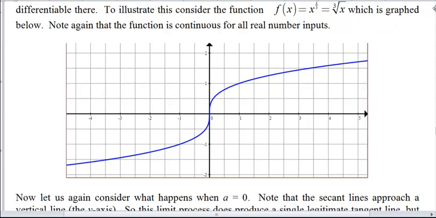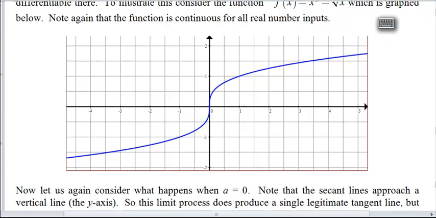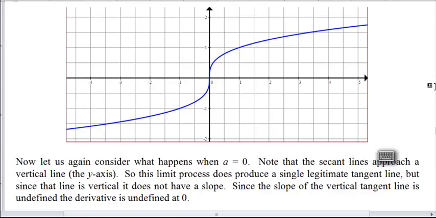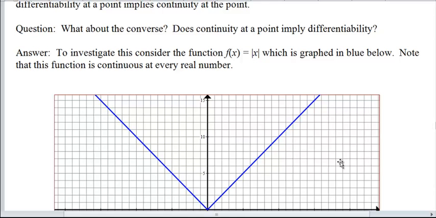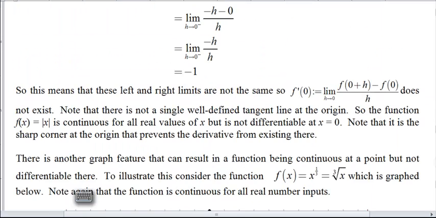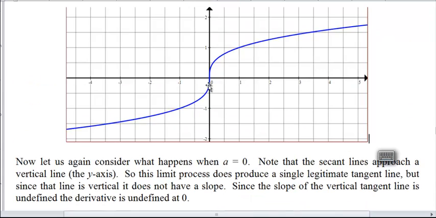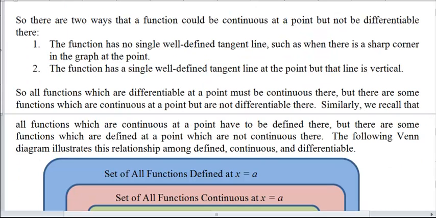But the problem is that tangent line doesn't have a slope. That tangent line is a vertical line, and vertical lines do not have a slope. The slope is undefined. So there's two things that could happen where you could be continuous at a point but not differentiable. One is that you could have a sharp corner. Another one is that it does look like a line, but that line is vertical.